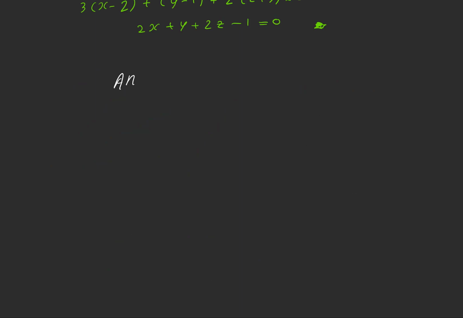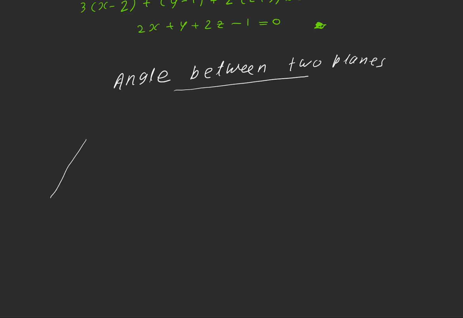Next one, how do we find the angle between two planes? Angle between two planes. Yes, so let me explain this. Suppose this is a first plane, right? So we have the perpendicular or normal vector n1.